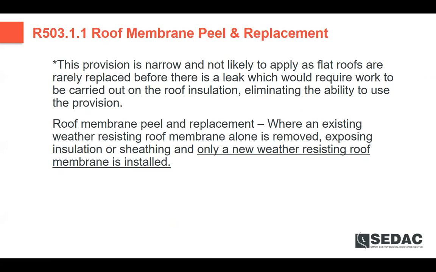Once they have leaked, you have now damaged your insulation. So this would only come into play if you have a roof that's in excellent condition with no leaks, so that you pull the membrane and put a new membrane down, and that's it. So if you are having to touch the insulation or the sheathing, this membrane peel and replacement does not apply.